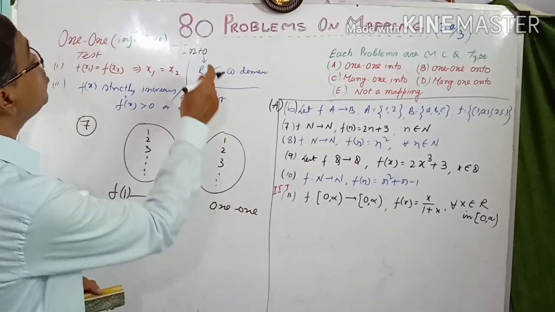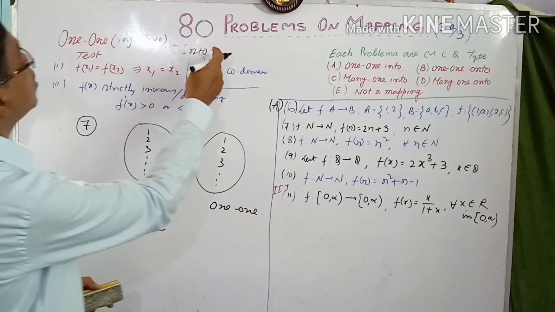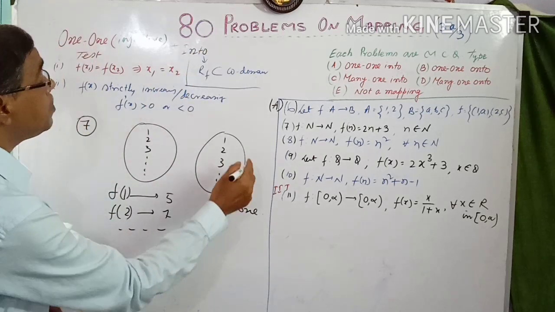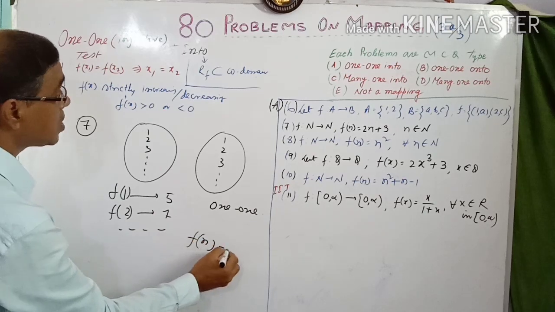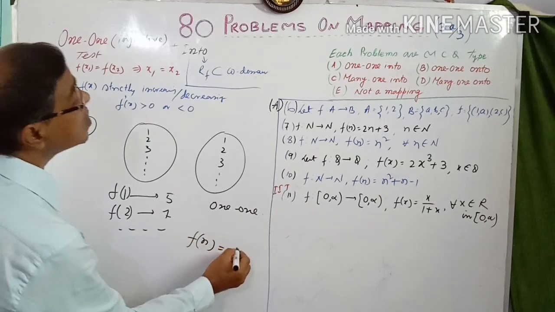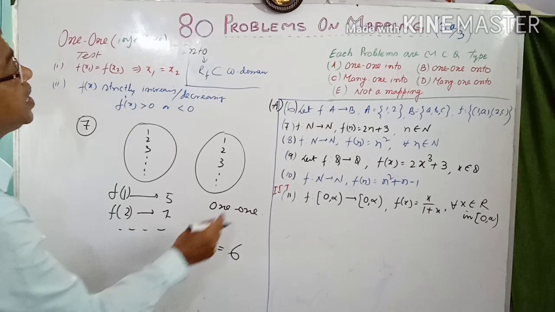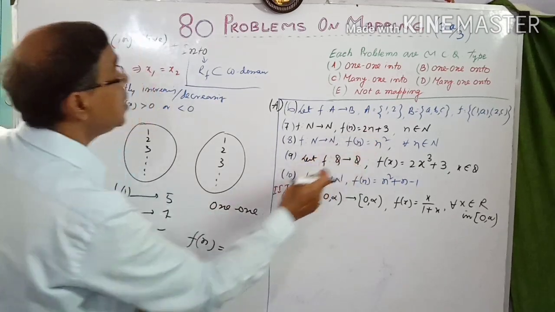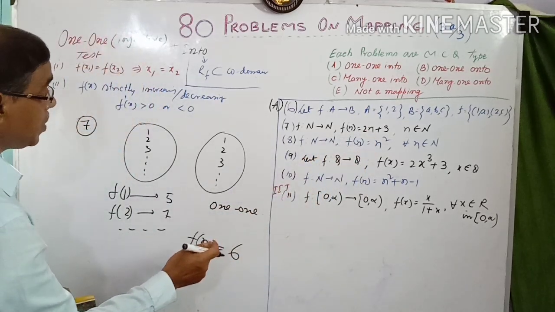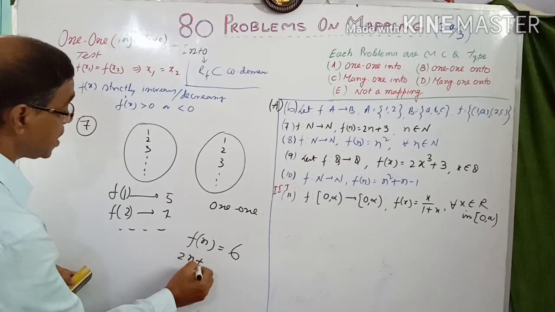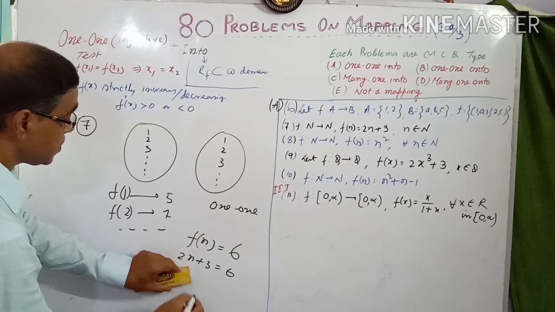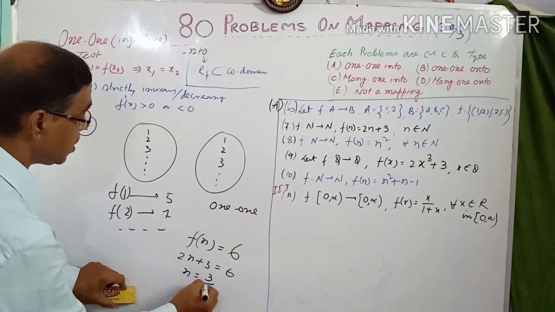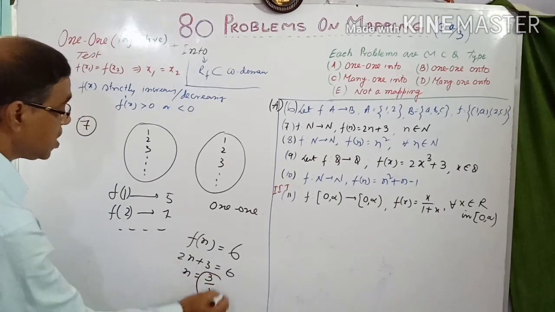But into or onto? If f(n) equals, suppose, 6, then 2n plus 3 equal to 6, or n equals 3 by 2, which is absurd.